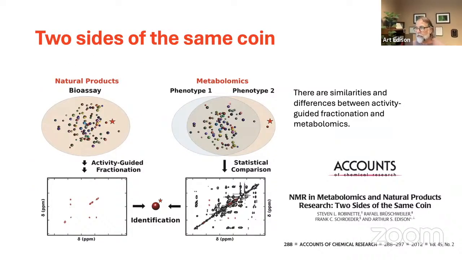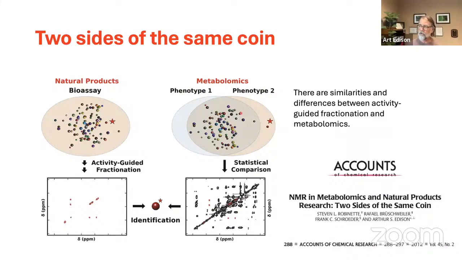In metabolomics, by contrast, as all of you are aware, the general concept is that you have different phenotypes that you're trying to compare. There could be, in the case of the cotton leaves that we've talked about, for example, cotton that is more drought tolerant or not, or you might be looking for other comparisons, one genotype versus another genotype, some population of people who are sick and people who are not sick.